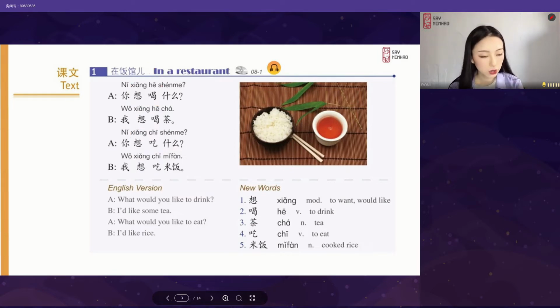Okay, let's try to read it from the start. Read after me. 你想喝什么?我想喝茶。你想吃什么?我想吃米饭。Okay, now let's try to read it in the row. I will be A and you will be B, okay? 你想喝什么?你想吃什么?